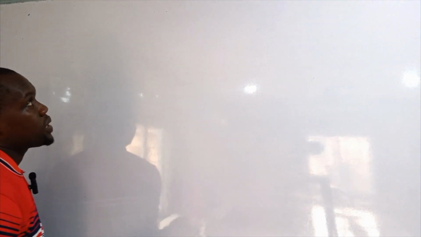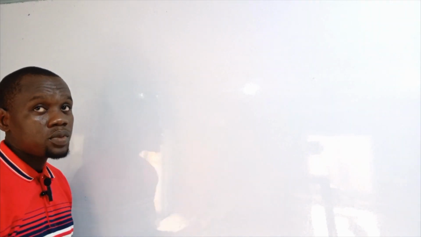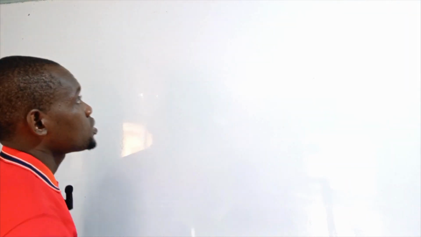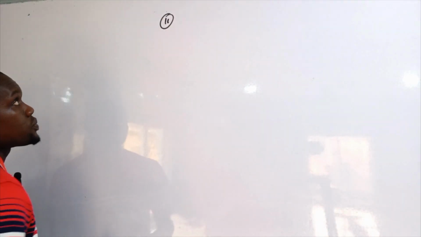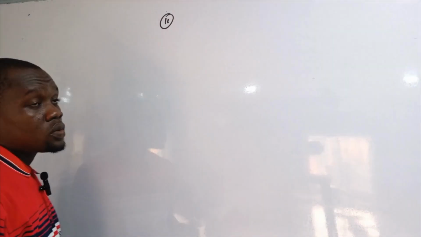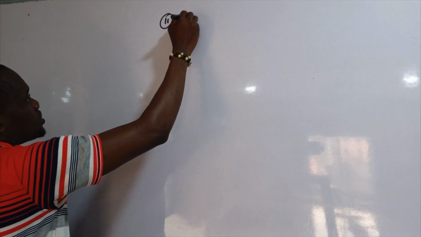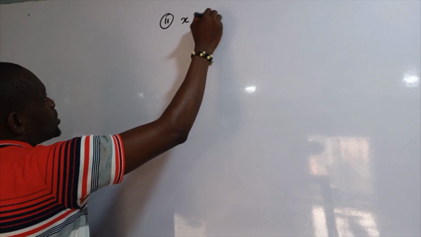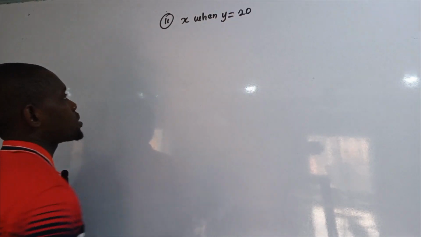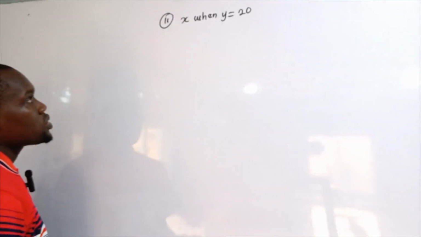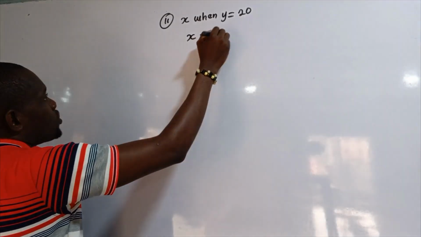Now that we have been able to establish the relationship that exists between x and y, we can now go ahead to answer the second question. In the second question, we're asked to find the value of x when y is equal to 20. So from our relationship, we have that x is equal to 4y.